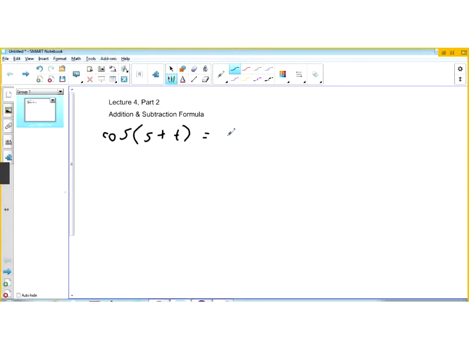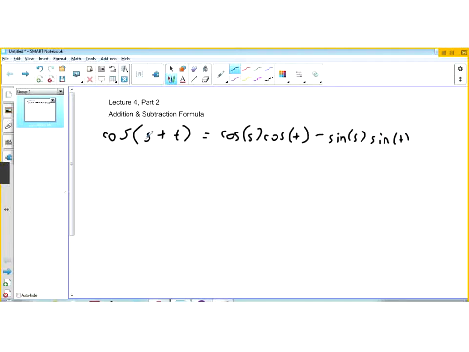All right, so we're going to show that the cosine of a sum of two numbers is equal to the cosine of s times the cosine of t minus the sine of s times the sine of t.